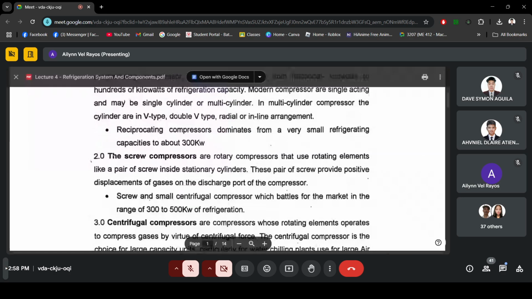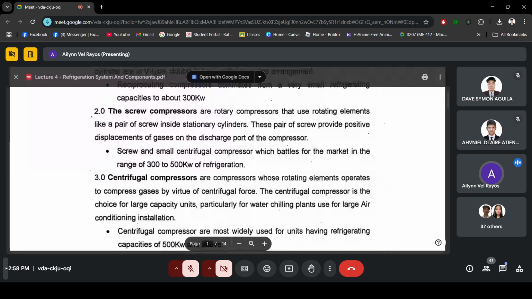Okay, so next we have here the screw compressor. Can you please read this, Yumi? Andiyan ka ba, Yumi? Yes po.